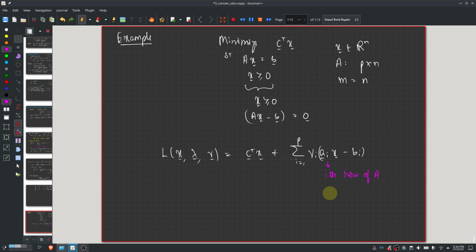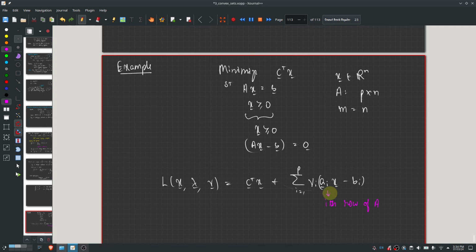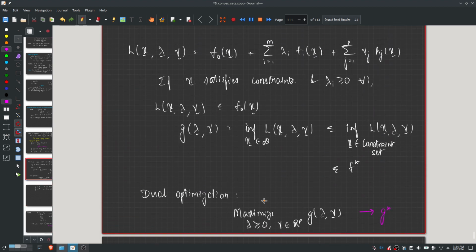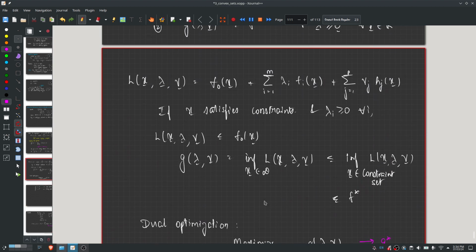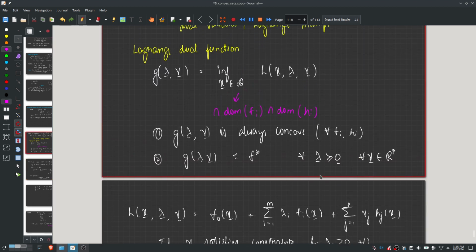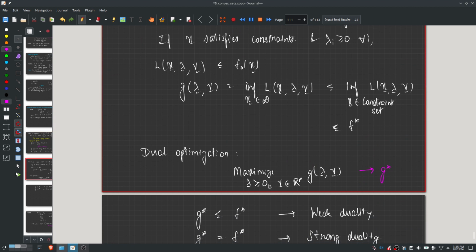That's why we are sticking to the same notation. After all, there is a difference between the variables corresponding to the inequality constraints and those corresponding to the equality constraints, and that essentially comes from the dual optimization problem. So here you are maximizing over all lambda greater than or equal to 0, but there is no constraint on nu. This nu corresponds to the equality constraints, and the lambda essentially comes from the inequality constraints.